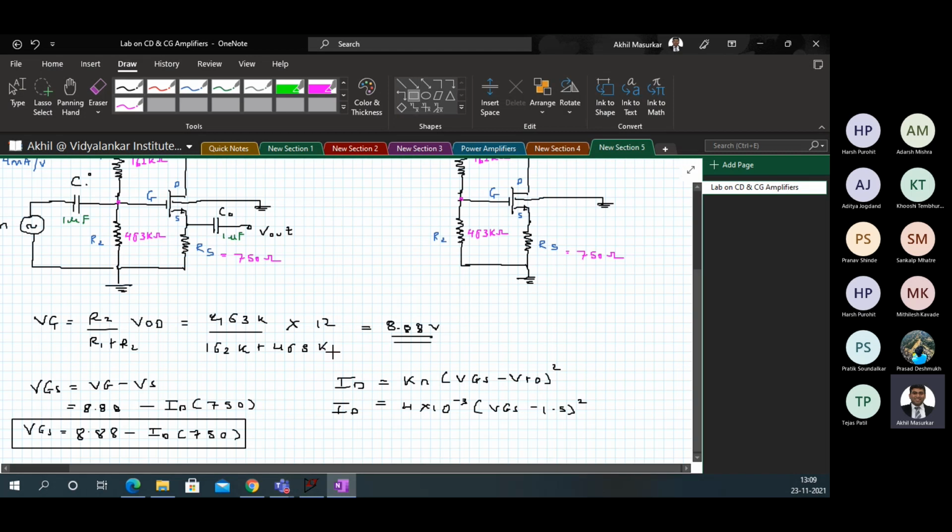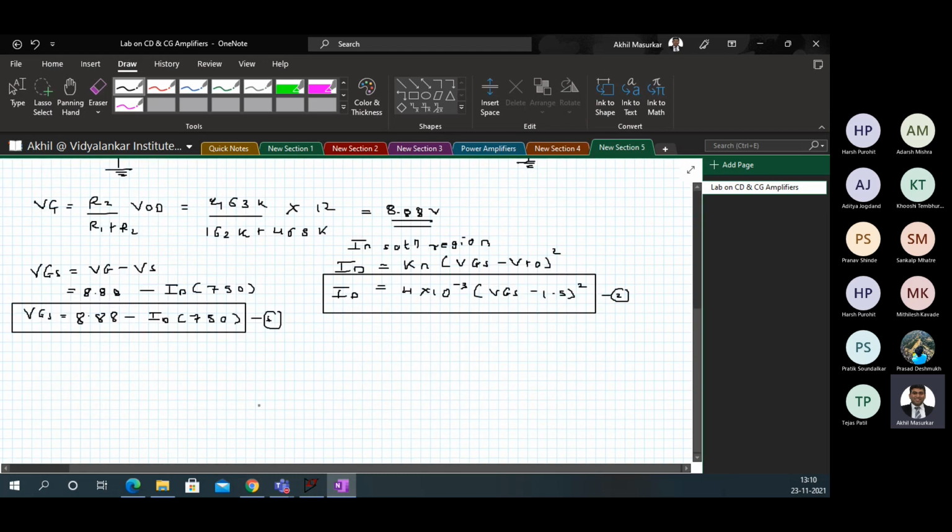So this is our second equation. We'll call this 1 and this 2. This equation comes because in the saturation region this is always true for a MOSFET, and during amplification the MOSFET has to be in the saturation region of operation.